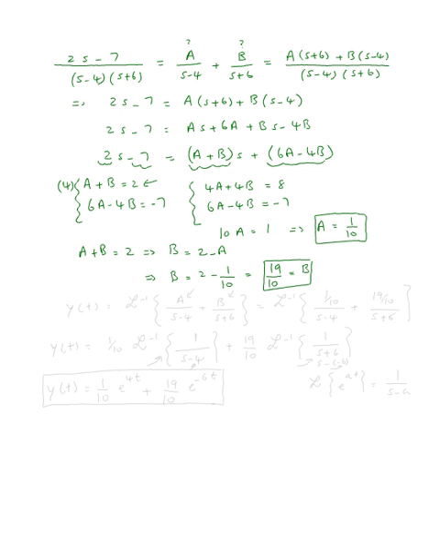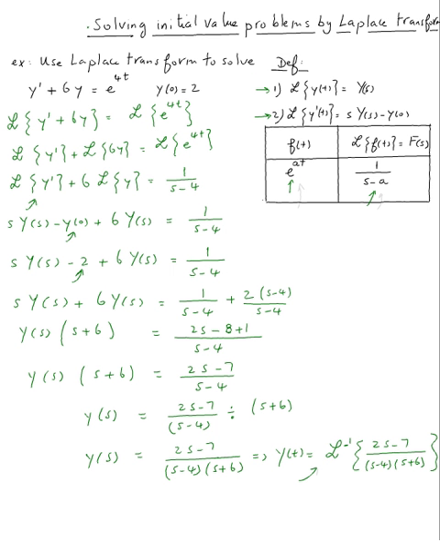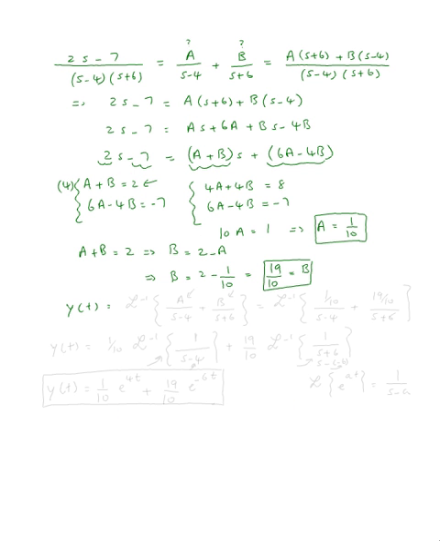Now let's go back to y of t equal to the Laplace inverse. So y of t is equal to the Laplace inverse of A over s minus 4 plus B over s plus 6.